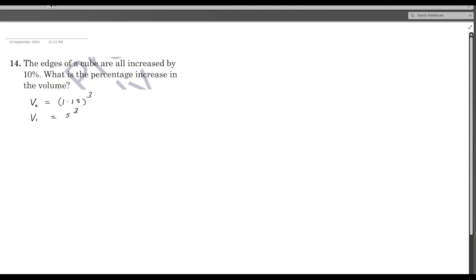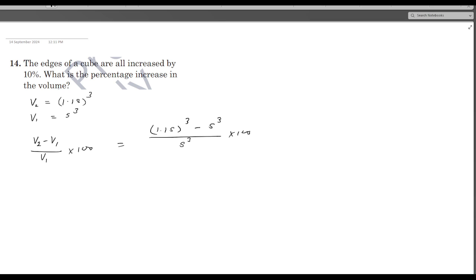Okay, so your increase in volume is V2 minus V1, and the percentage increase is divided by V1 times 100, which will be equal to 1.1 s the whole cube minus s cube, divided by the original volume s cube, multiplied by 100. So here 1.1 cubed will give you 1.331.